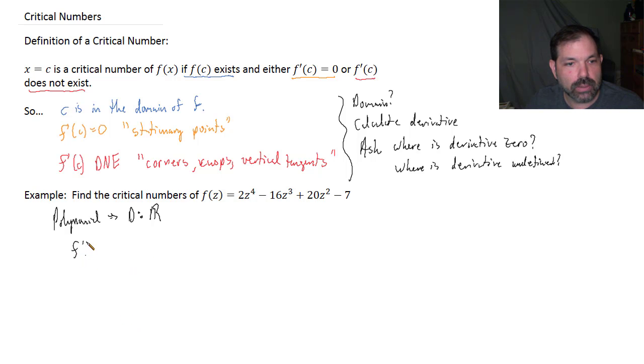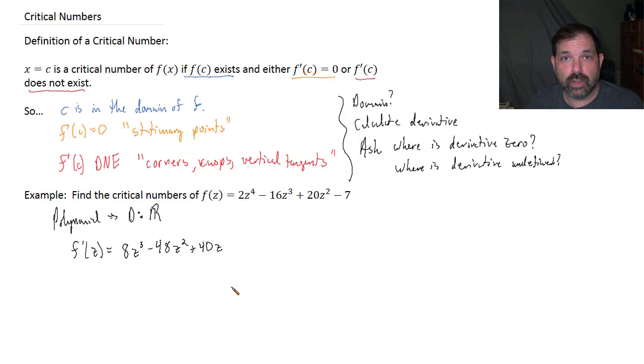f prime of z, using power rules and just simple methods here, we'd have 8z cubed minus 48z squared plus 40z plus 0. So there's our derivative function.